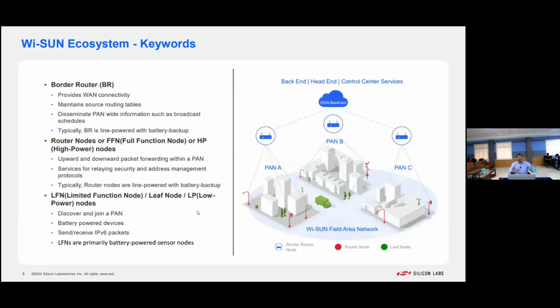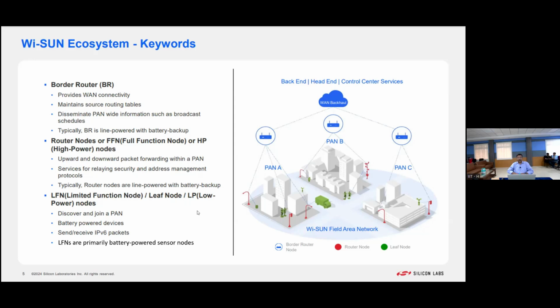Let me quickly go through some key words of Wi-SUN, because this is very fundamental for everybody to know that this is a well-structured wireless technology. If you look at the bottom layer, the bottommost is the leaf node or limited function node, which is basically the sensors in the field that are battery powered, and they can have connectivity to the cloud.